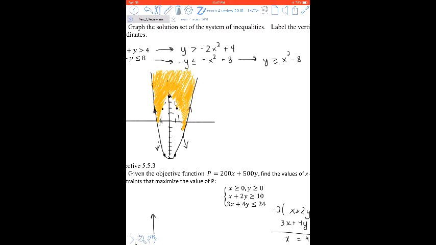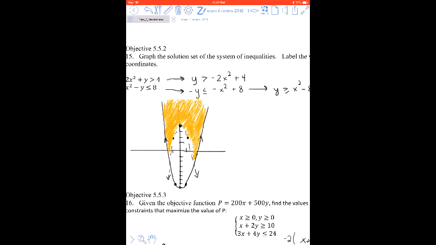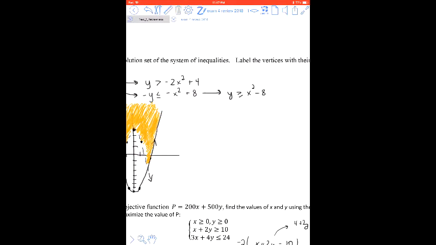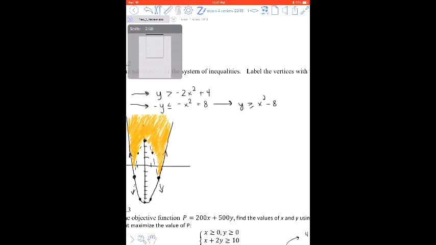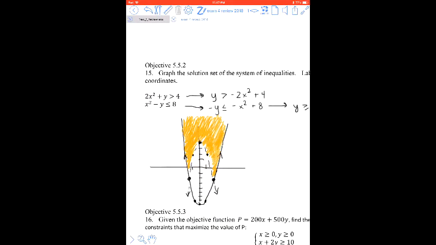So what we need to do next, after we've got the graph there, the double shaded region, is it says label the vertices. That's where the graphs intersect. Remember, to find out where graphs intersect, you need to solve a system of equations.